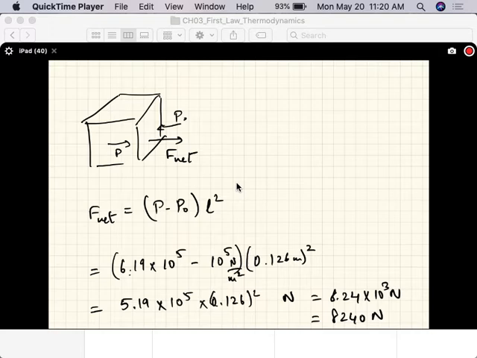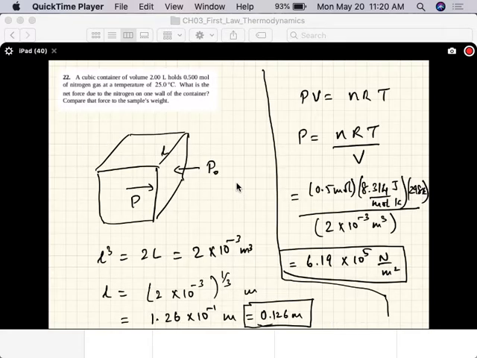So the air inside this, if this were at 6 atmospheres, that nitrogen is pushing this wall with a force equal to about 10 times your body weight. Okay, so that's what that is saying. All right, we'll say something more about it.